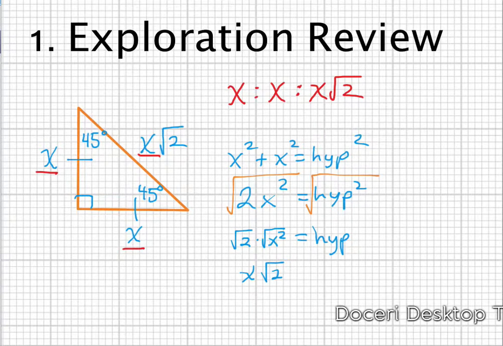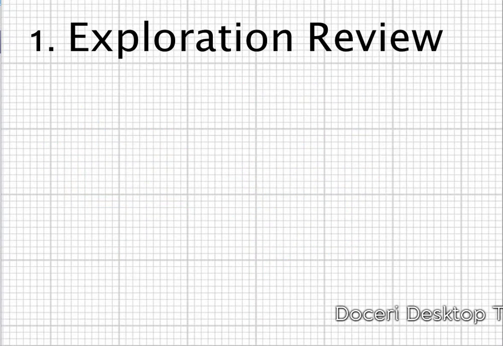Okay, so the next part of this exploration, it started out with you having an equilateral triangle. I'm going to try my best to make this as equilateral as possible. So in your equilateral triangle, you have to remember that you first had to find all three angles. First, we found that these were all 60 degrees.